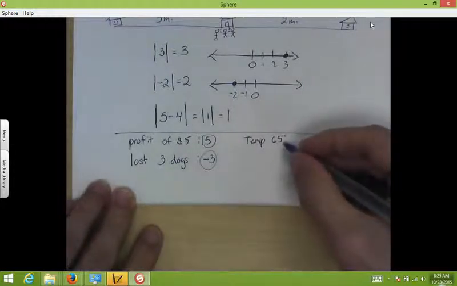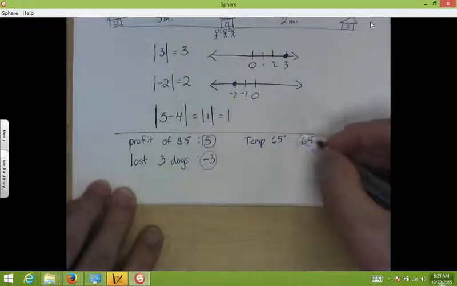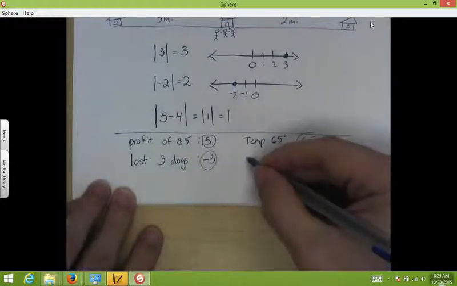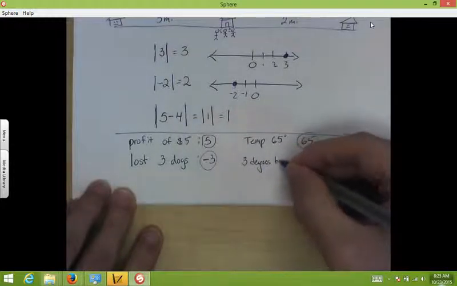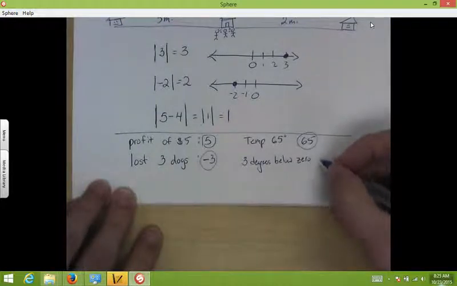Kids, is this above 0? Yes. Okay, so we would write this as positive 65. Let's say, what would we write for the integer for 3 degrees below 0? Say it was really, really cold. It's snowing outside. 3 degrees below 0. -3.